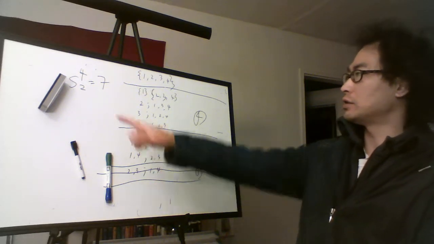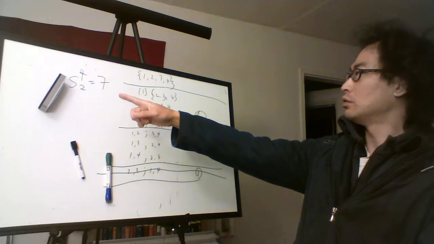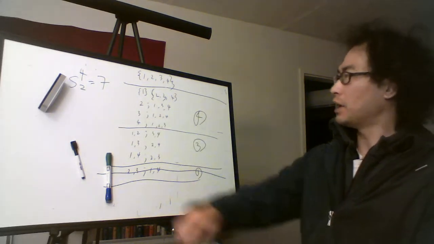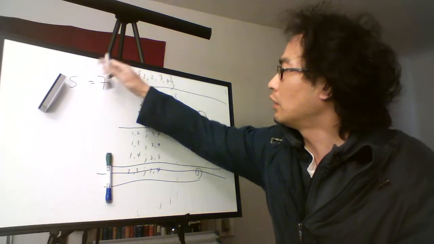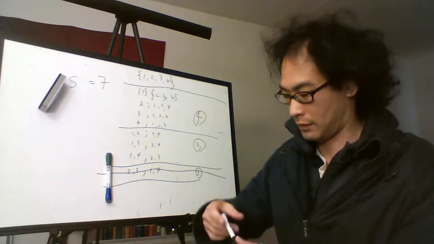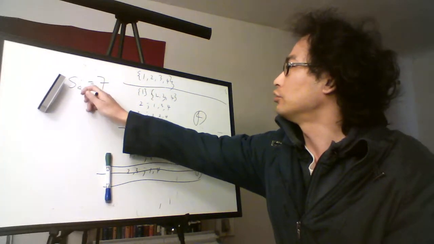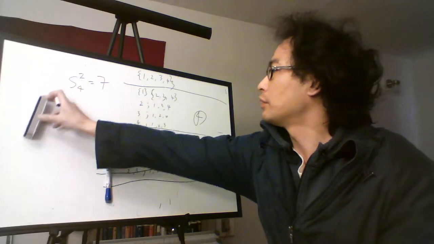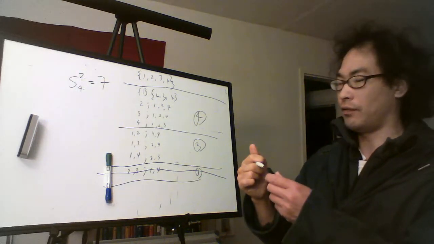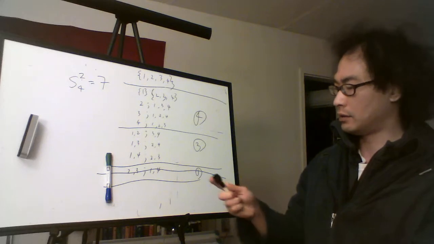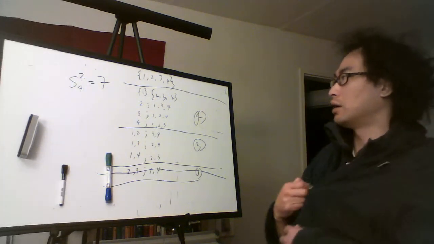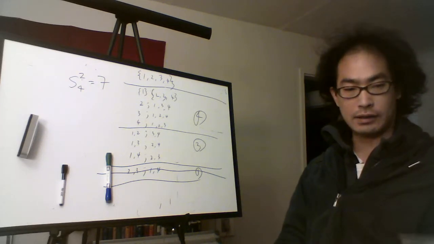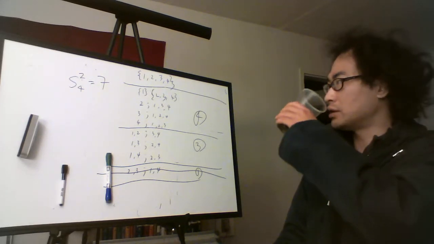So what is Stirling? Probably it's better to write this as Stirling number, 4 2. Because you have a set of four elements, and you're partitioning that into two non-empty subsets.